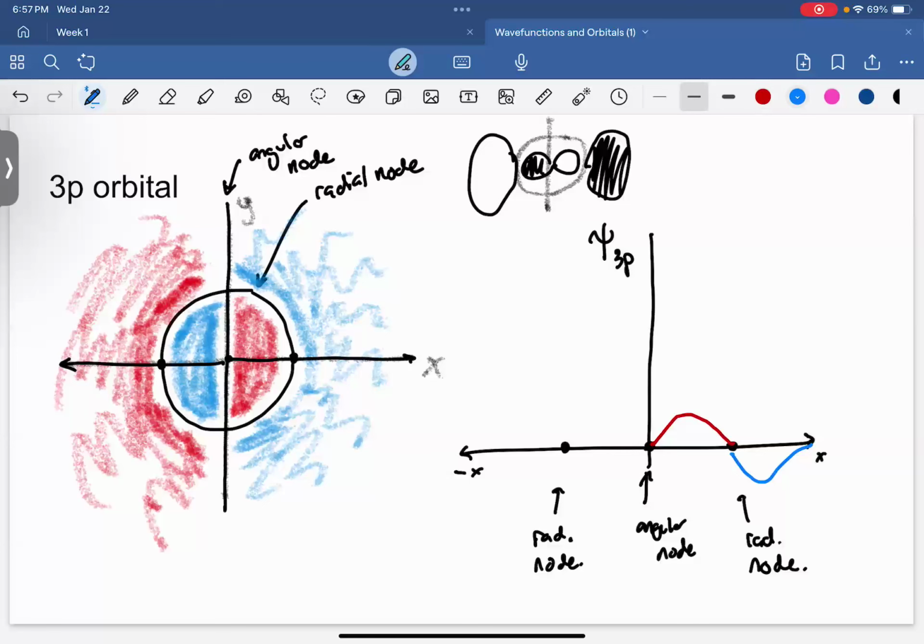On the other side, we crossed the middle angular node, so we're going to be negative. Then we're going to cross again and decay back to 0. So something like this, at least qualitatively, captures the positive and negative behavior of our orbital. So hopefully that is what you had as well.